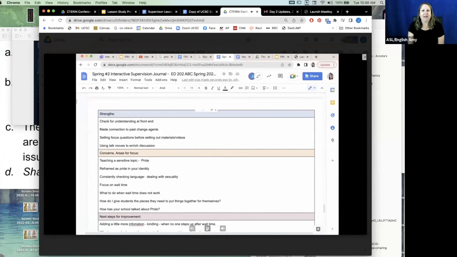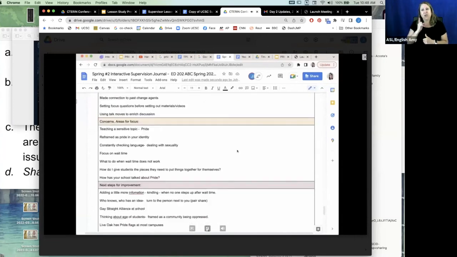Some of the concerns: teaching a sensitive topic, pride, and then you reframe the pride as being in your identity, as your identity. I'm finding that really complex. Maybe other folks want to think about that. What does it mean to reframe something, and what do you lose along the way, and then what's appropriate too? That's really, really complicated, Tina.